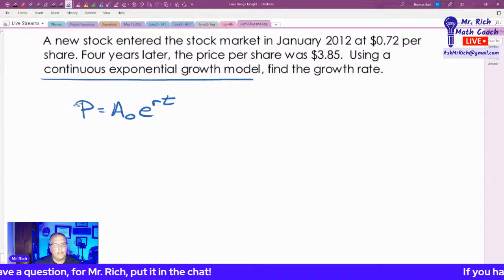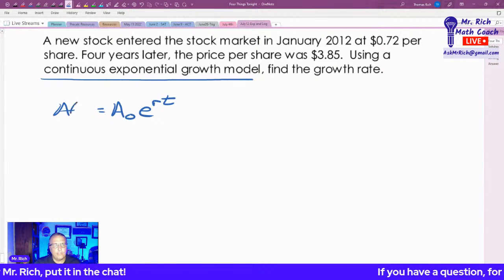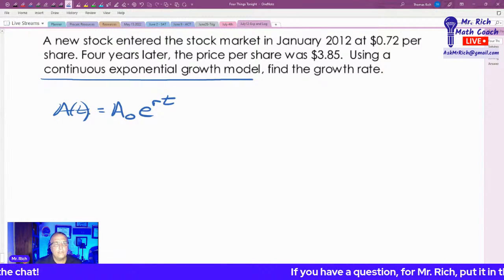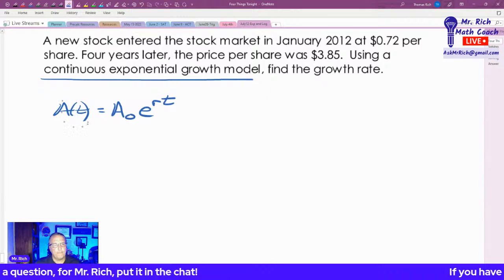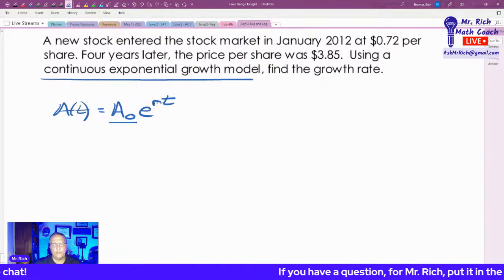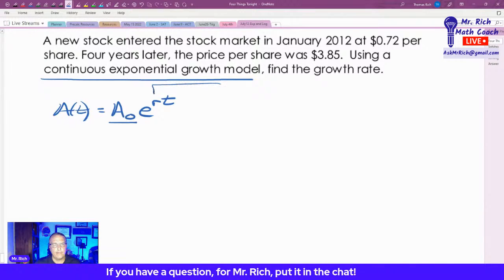So my amount, or in this case, price per share at a particular year t, is equal to the beginning stock price times e to the rt. And our job here is to find the growth rate, that value r right there.